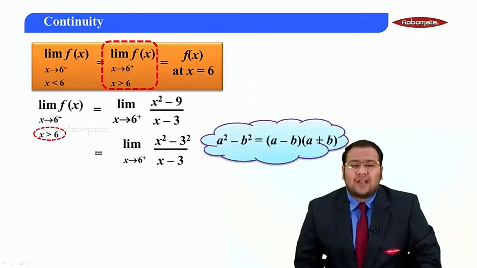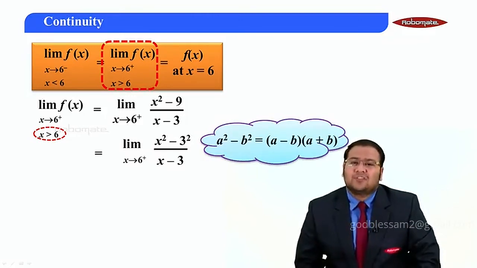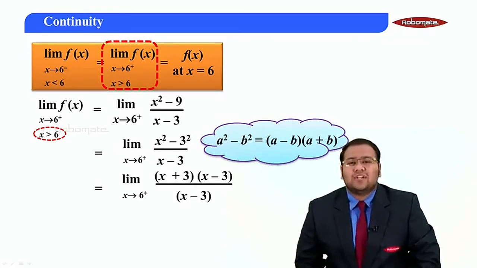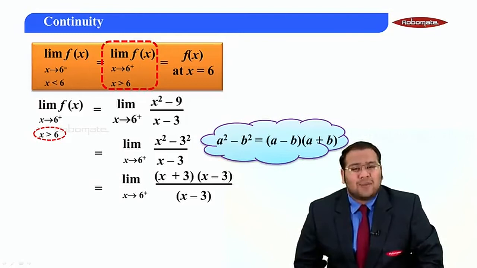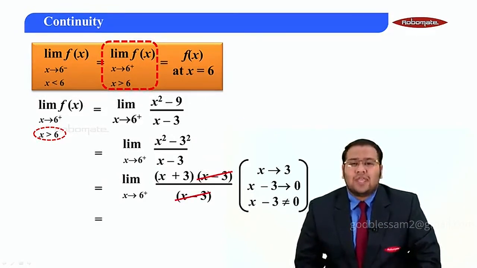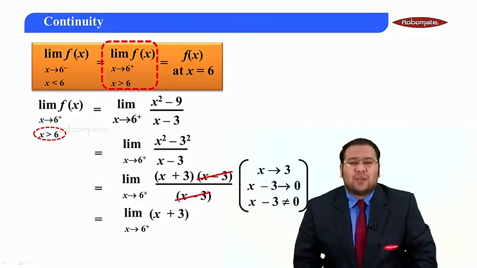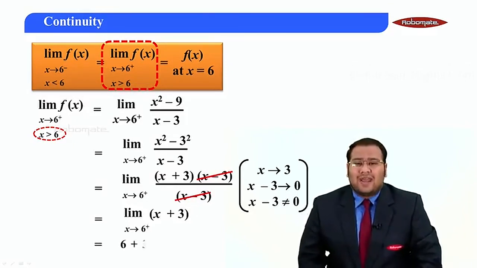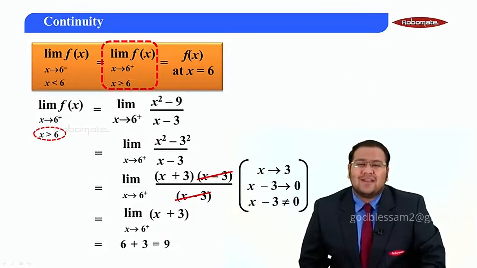By applying the standard formula, a square minus b square, as you are already aware, it is (a plus b) into (a minus b). So, the equation would be the limit as x is tending towards 6 plus of (x plus 3)(x minus 3) the whole upon (x minus 3), and x minus 3 is getting cancelled. So the equation which you have is the limit as x is tending towards 6 plus of x plus 3. So when x is equal to 6, the answer would be 6 plus 3, which is nothing but 9.